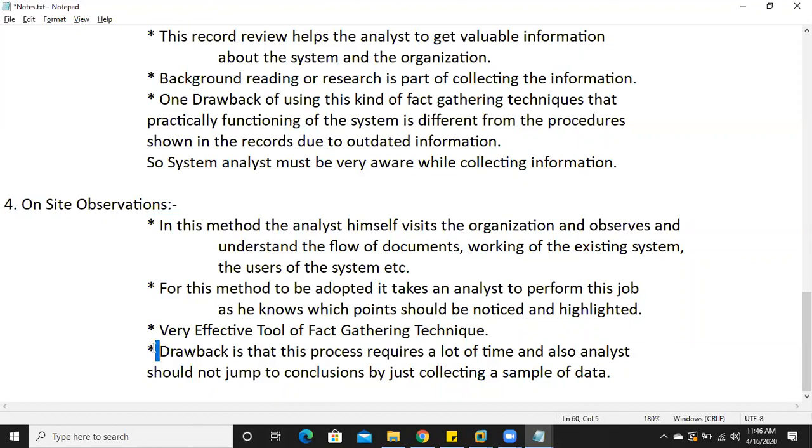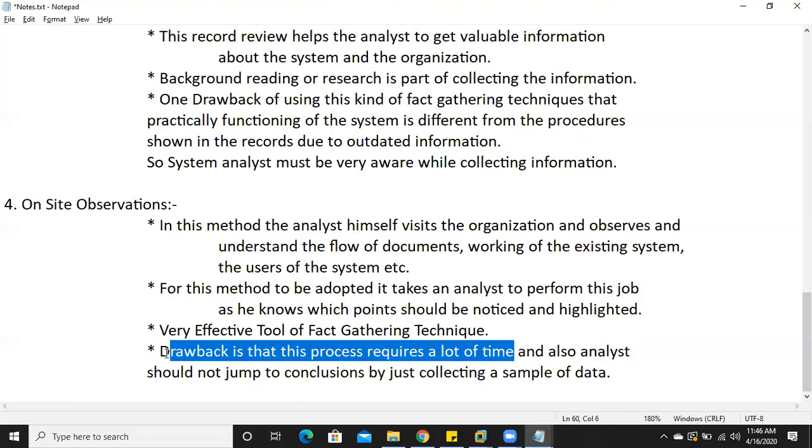The drawback of the on-site observation is just that it consumes a lot of time, because the analyst has to study each and every module in the system. The system is not a very small thing. As we have already discussed, the system is a set of components which work together in order to achieve a particular objective.